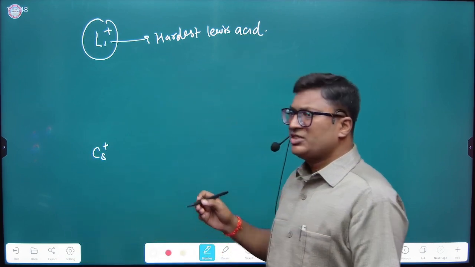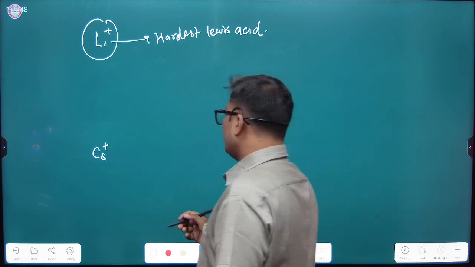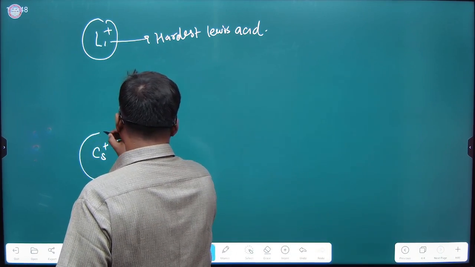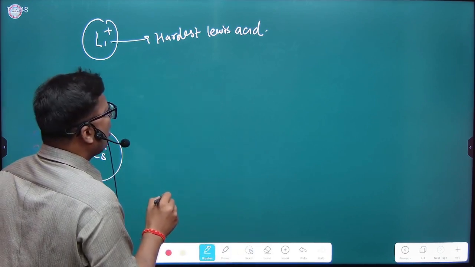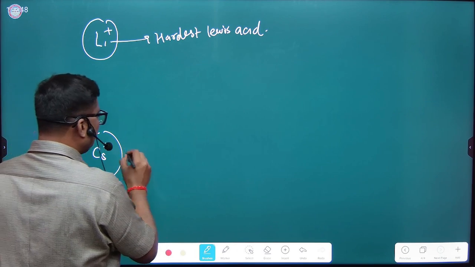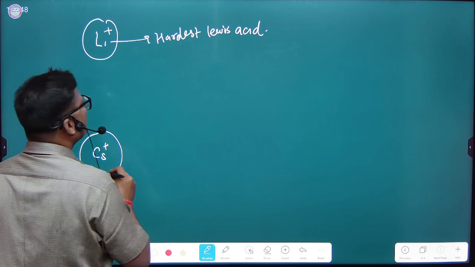And in the group, the lowest hardness is in Cs+.